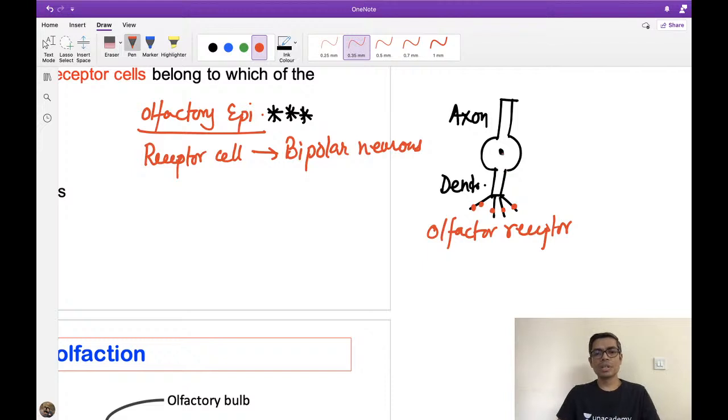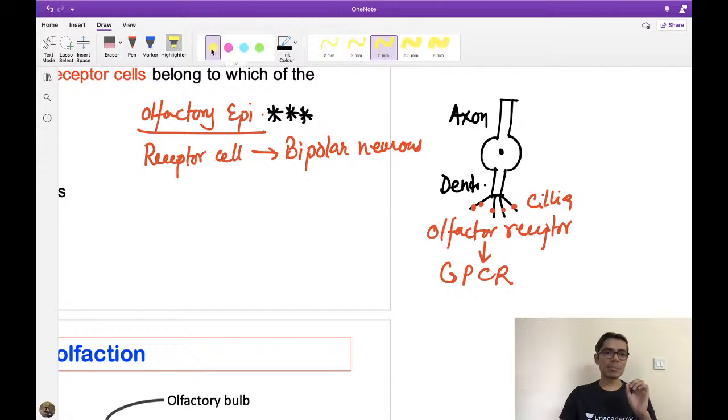This bipolar neuron contains dendrites, and at the tip of this dendrite there are cilia. These cilia contain the olfactory receptor. What kind of receptor are they? Again, they are G protein coupled receptors. Please remember this about olfaction. Whenever some chemical or odorant molecule reaches here, it is going to stimulate this receptor.